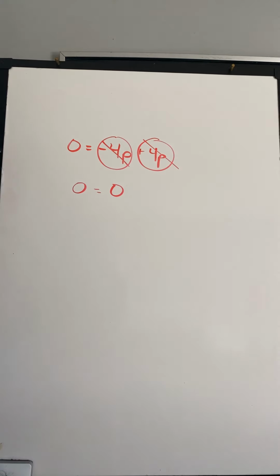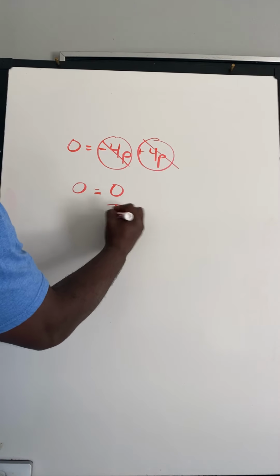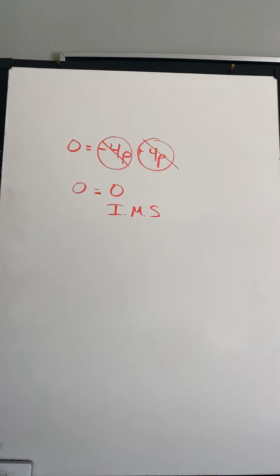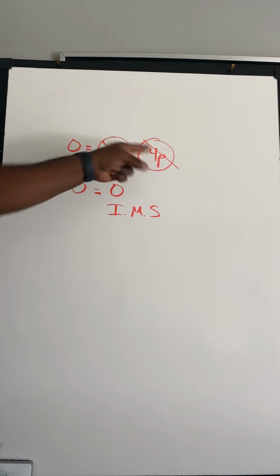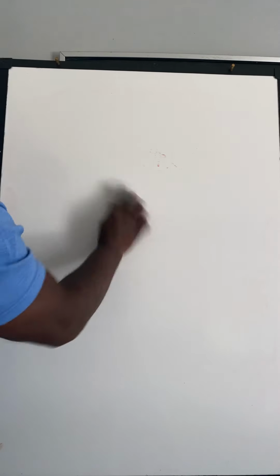Does 0 equal 0? Yes, it does. When that happens, that tells us this is infinitely many solutions. That means I could have put anything in the p. Negative 4 times 2 is negative 8. 4 times 2 is positive 8. Negative 8, positive 8, still 0. That's what that means, okay? So that was number 2. Let's check number 3.